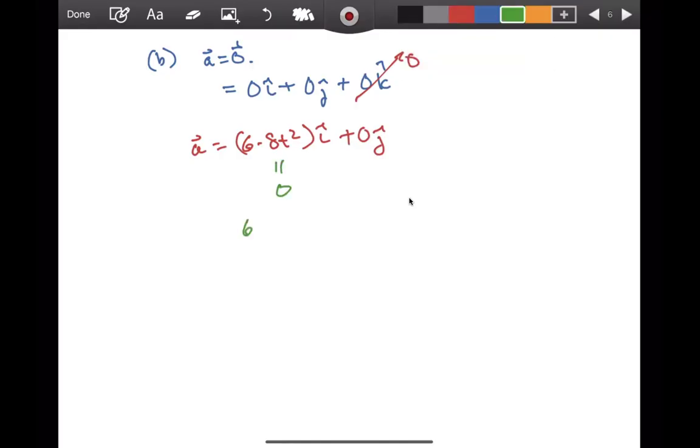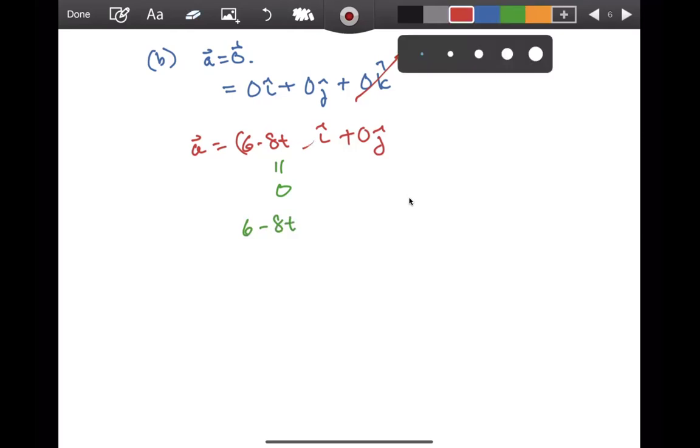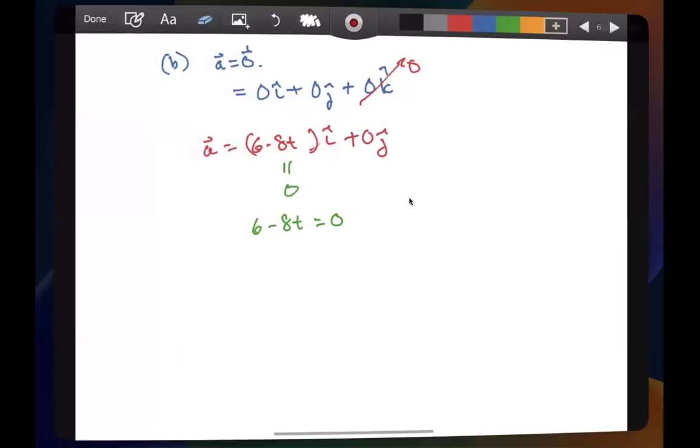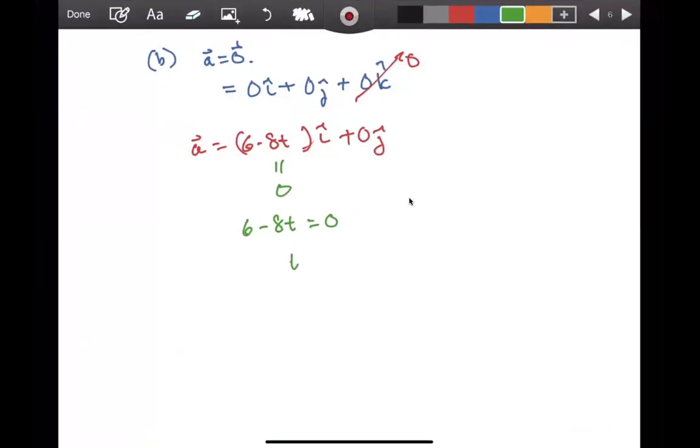So we need 6 minus 8t, that's a t, not t squared, to be equal to 0, which means t is equal to 6 over 8, which is 3/4 of a second. So the time of 3/4 seconds is when my acceleration is instantaneously equal to 0.